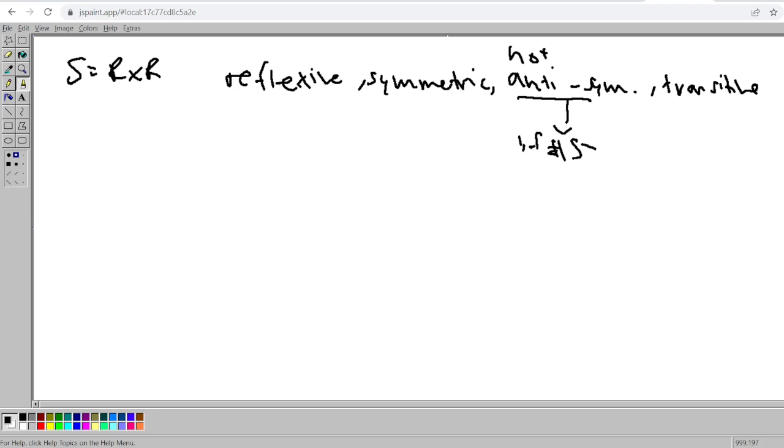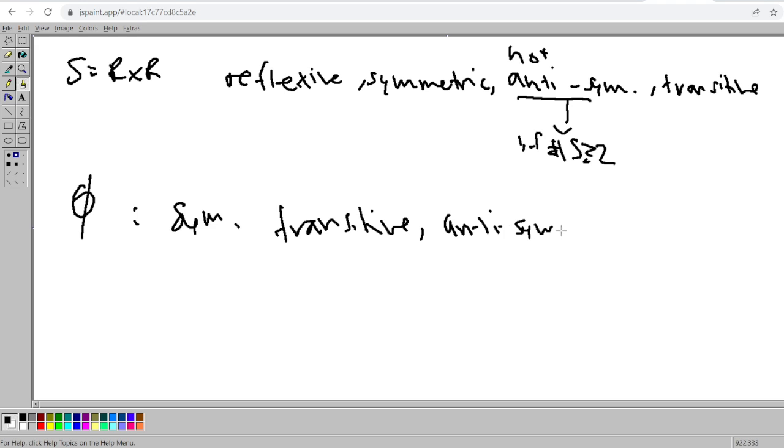And then we have our empty set, and it is symmetric, it is transitive, it is anti-symmetric too, not reflexive, if S is equal to the empty set.